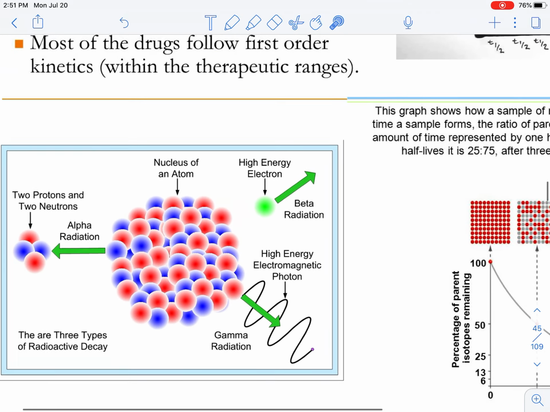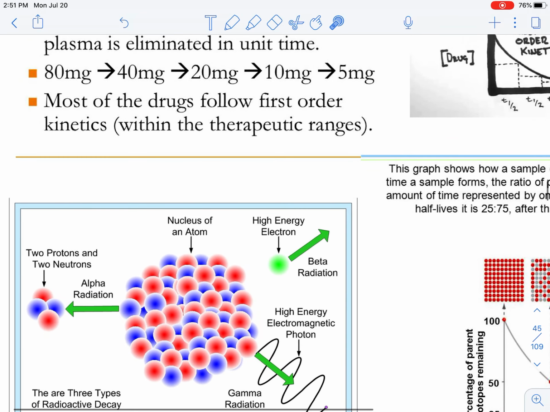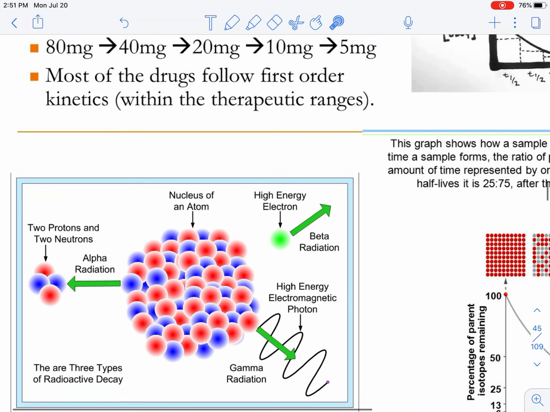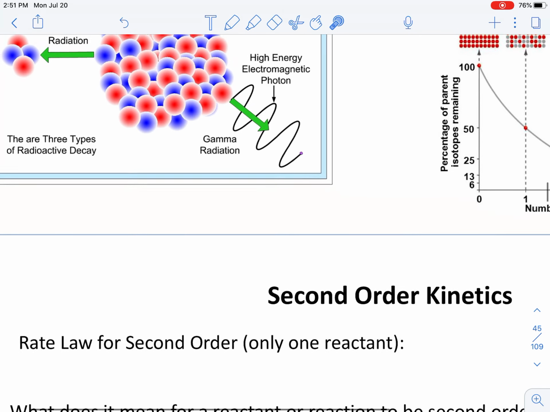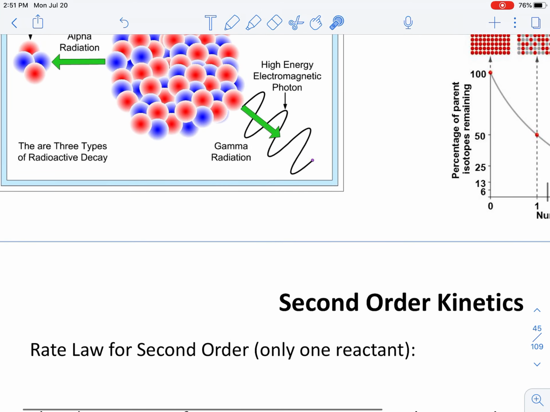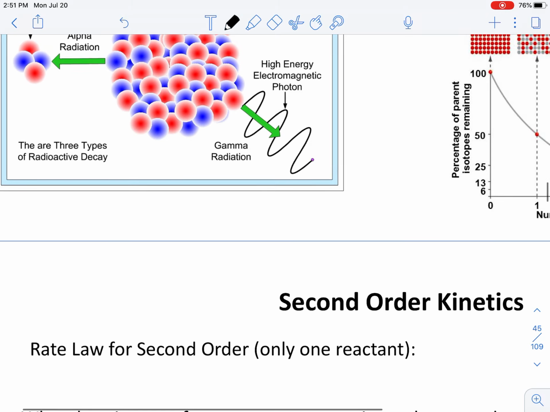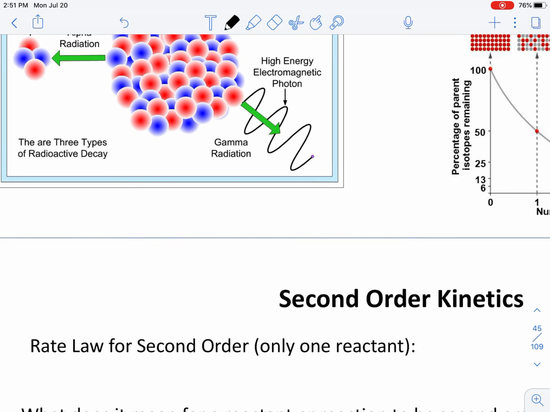All right. So hopefully with that said, you have a better understanding of first order kinetics. Now let's go ahead and talk about second order kinetics. Very similar to first order kinetics, we're going to assume that we're only working with one reactant. The reason for this will be described when we talk about integrated rate laws.